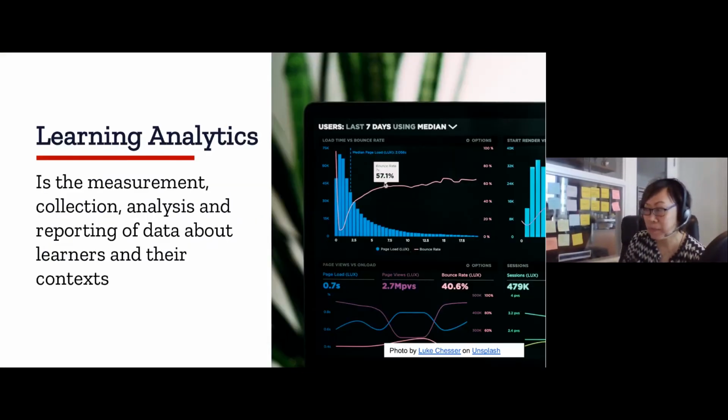First of all, I want to explain a little bit about what learning analytics is. A couple of our presenters, I think Brandon and Emma, talked about how we need to get better at data.